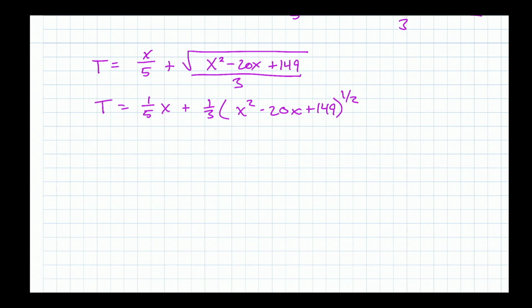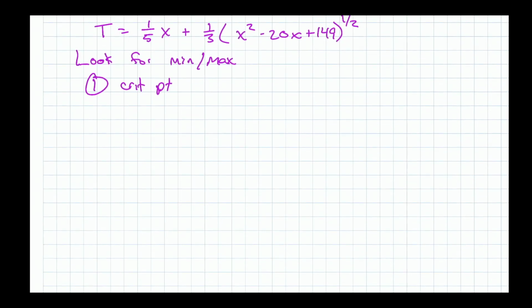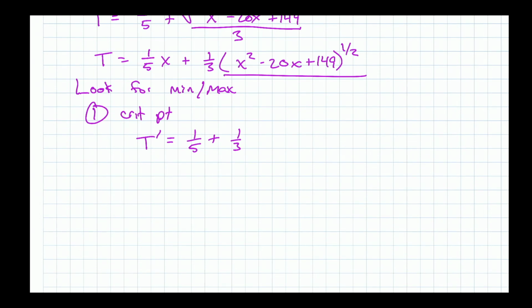All right, now we want to look for the minimum. So our first thing is critical points. How do you find critical points? Take a derivative. So the derivative of 1/5 x is 1/5, plus 1/3. The derivative here needs chain rule.